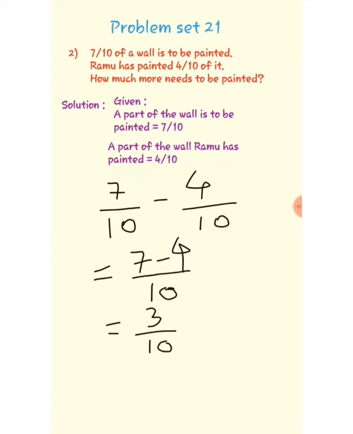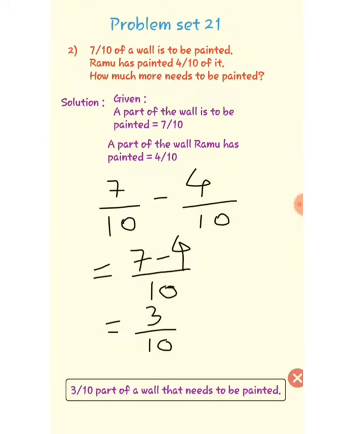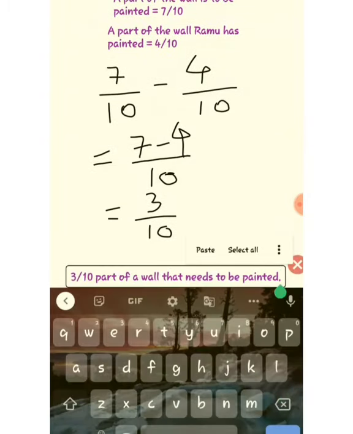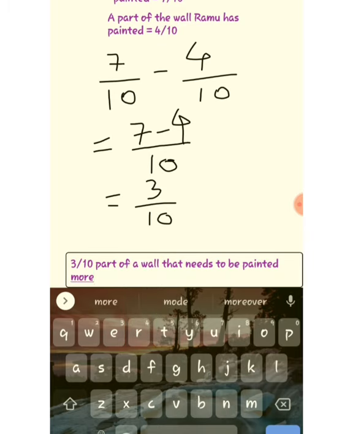So we got the answer 3 upon 10 as the fraction. Like this, the last sentence we write is: 3 upon 10 part of the wall needs to be painted more.